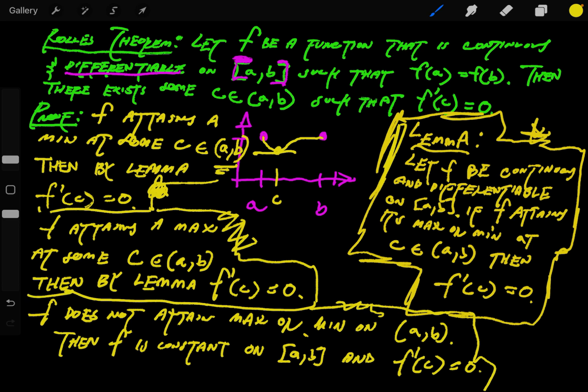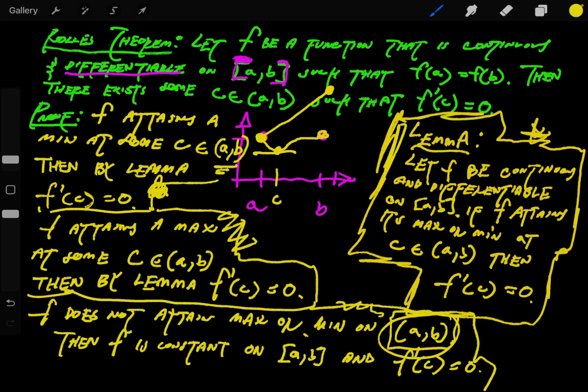The last case, let's go through and make sure it makes sense again. So f does not attain a max or min on this interval. Then f must be constant. We have it that f of A is equal to f of B. So if it went like this, then f would not attain its min or max on this open interval.